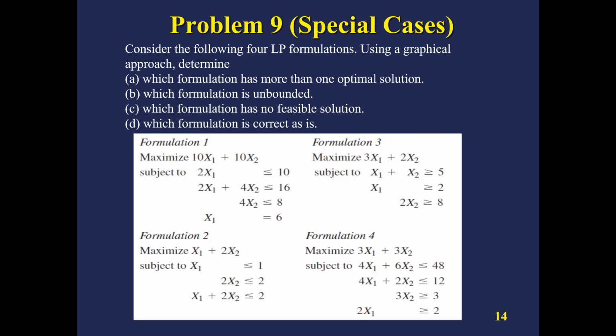Let's look at formulation 1. We have the formulation here: 2x1 less or equal to 10, 2x1 plus 4x2 less or equal to 16, 4x2 less or equal to 8, and x1 is equal to 6. Now the first constraint is telling us that x1 is less or equal to 5, but the last constraint is telling us x1 is equal to 6.